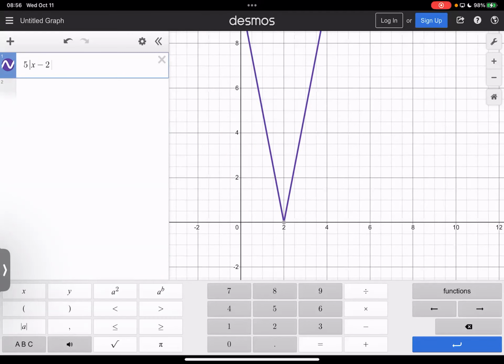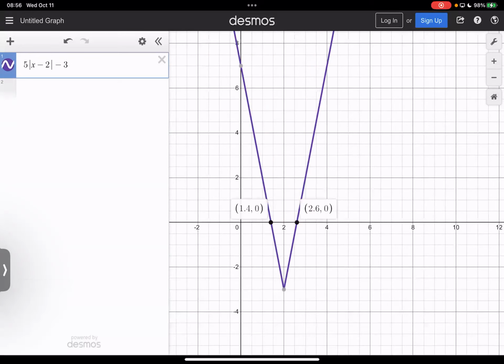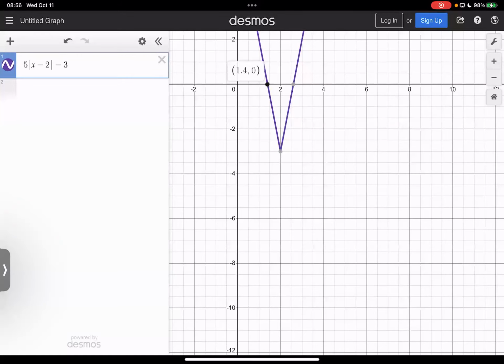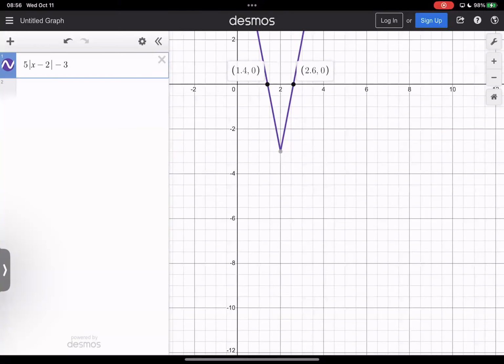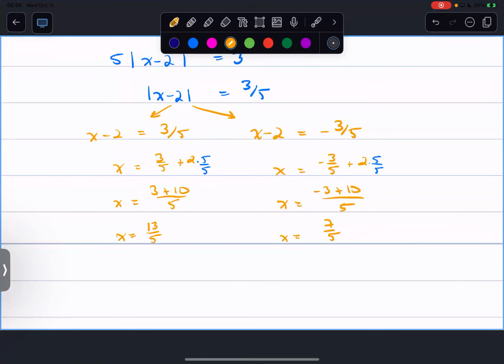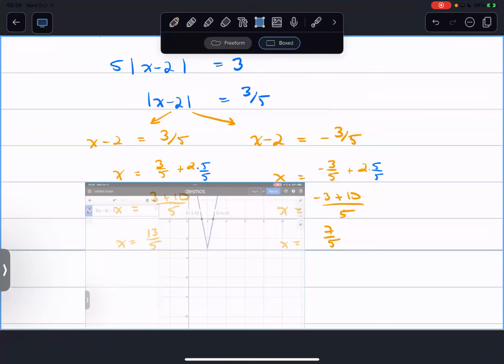And then I had minus 3 shifting me down. So I was expecting 2 horizontal intercepts. And hopefully, if I convert my fractions, I get the same thing.